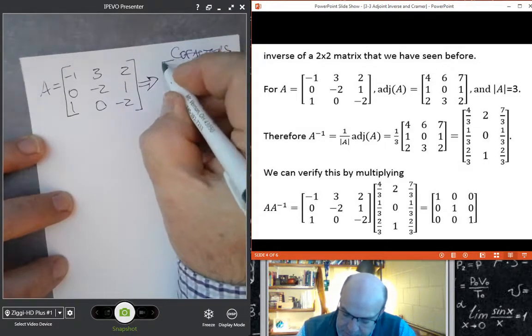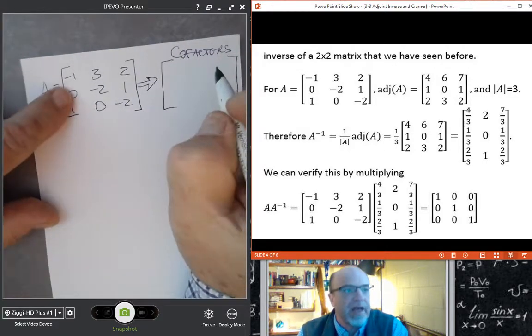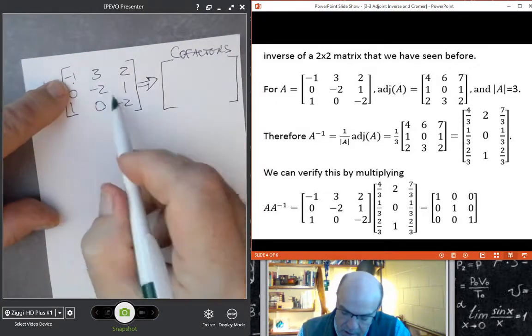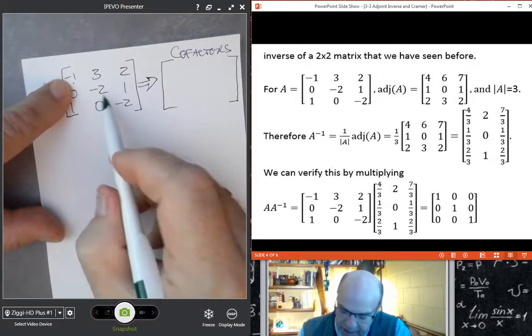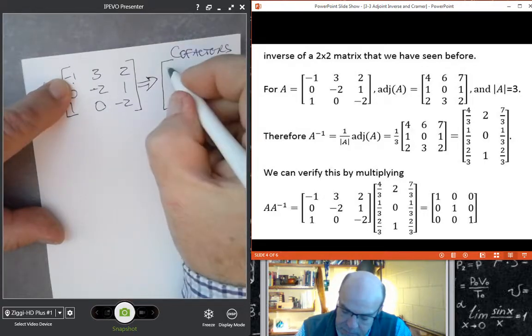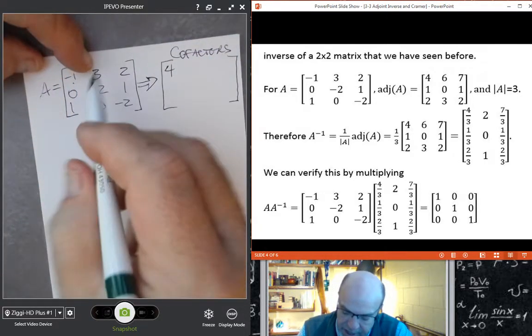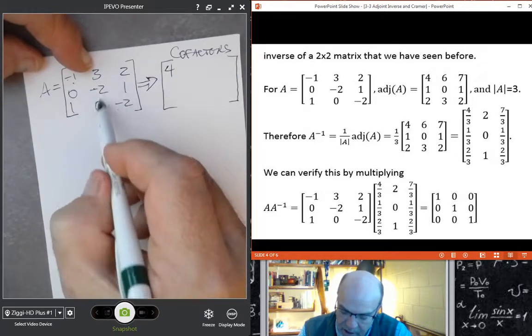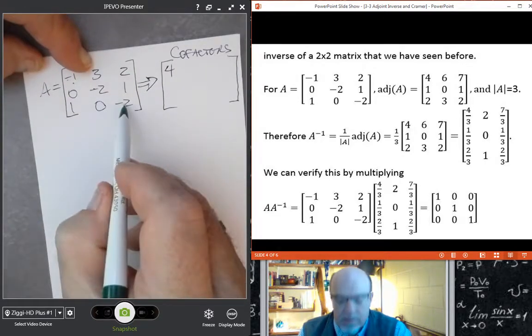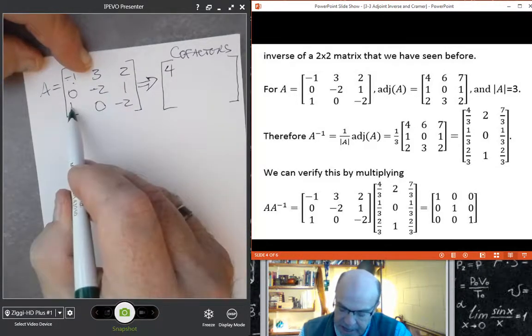And that's going to look like this. So for -1, up here in this corner, you're going to have 4 minus 0. Okay, working our way across to the 3. If we took out the first row and the second column, we'd have 0 minus 1, which is -1.